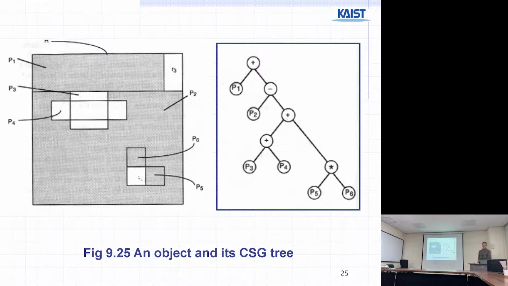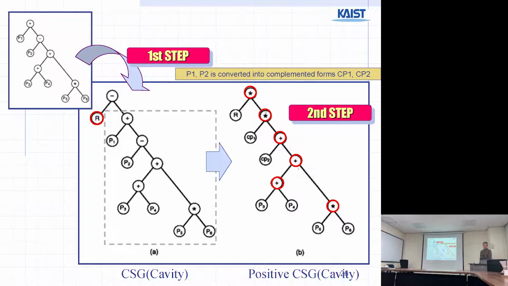They show some pictures of objects and then the CSG tree. This we already studied in CSG, right? So how can you rearrange this to arrive at feature recognition? They explain the steps of recognizing based on the CSG tree.